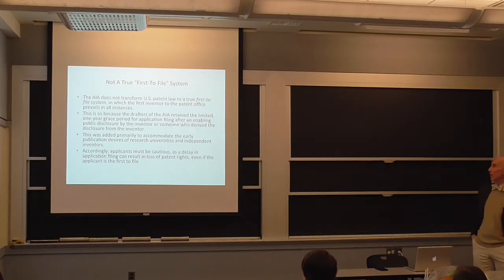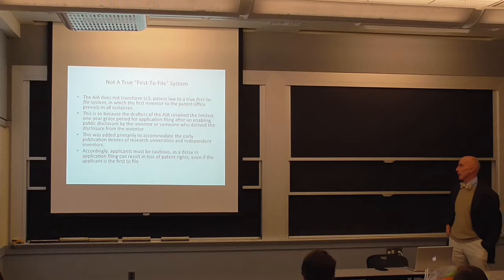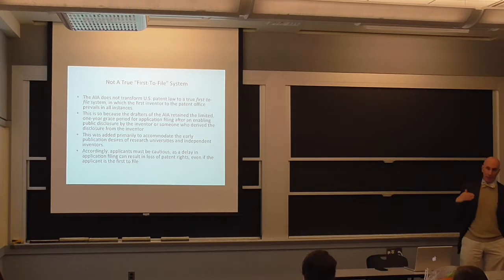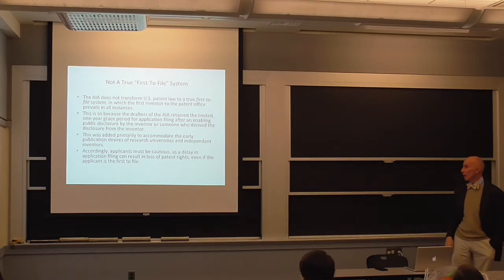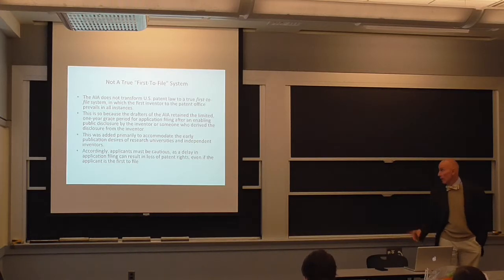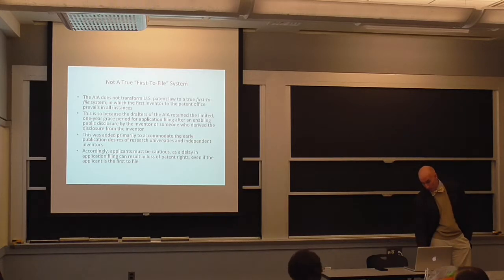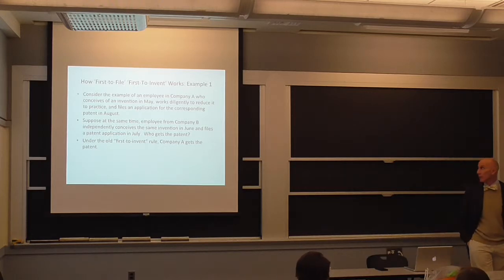This was added primarily to accommodate the early publication requirements and desires of universities and researchers and people involved in basic scientific research and development. So one of the things you have to keep in mind is that you've got to be very cautious, and that a delay in filing an application could result in the loss of your patent rights, even if you are first to the patent office door.